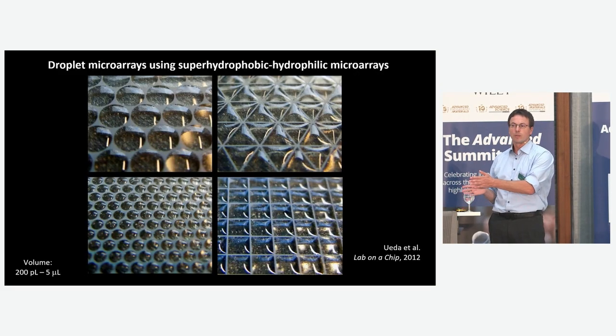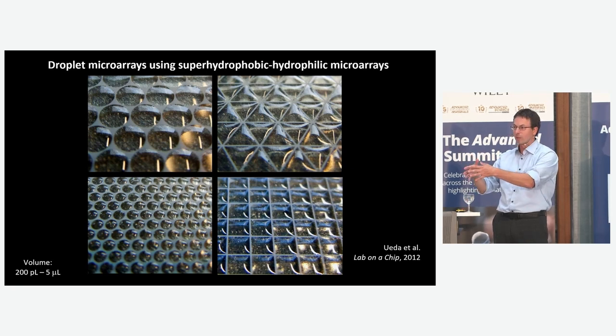And then again, by controlling the geometry of hydrophilic patterns, it's possible to control shape of these droplets, size of these droplets, location on the surface, density, and so on.